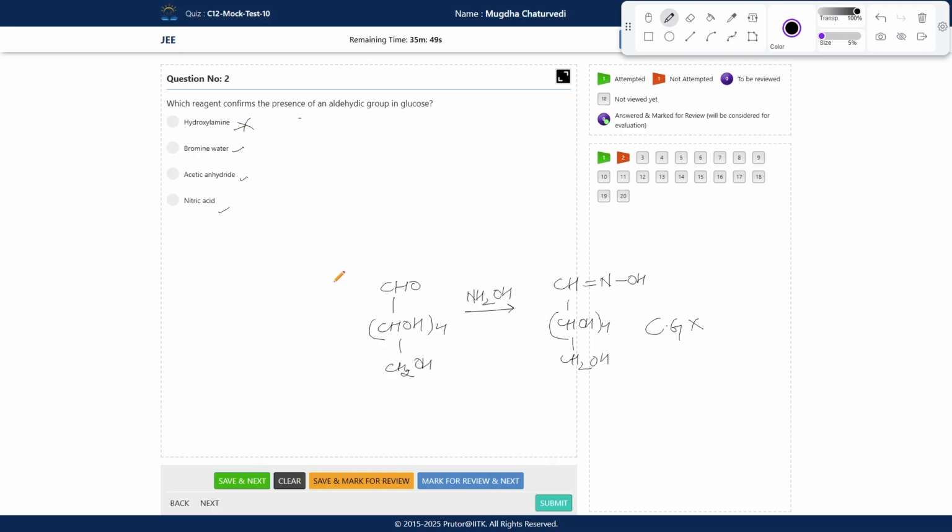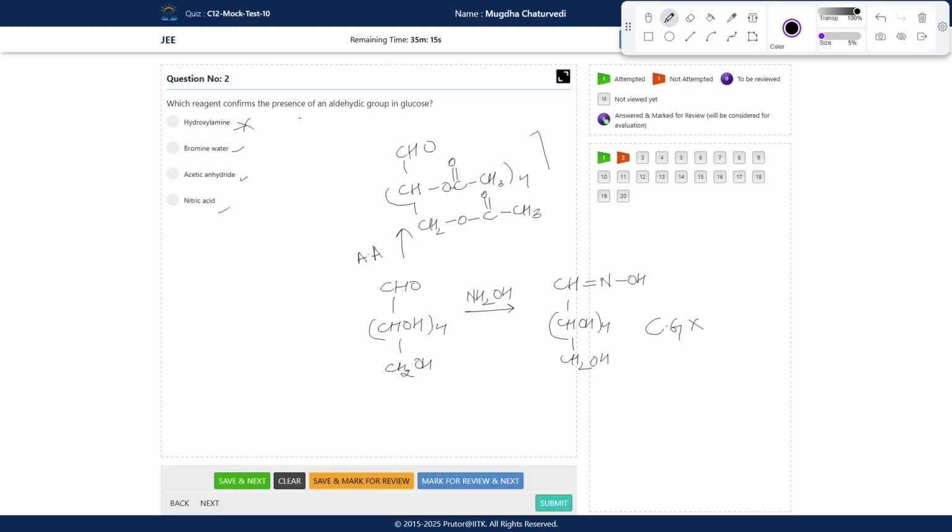Now if we see acetic anhydride, glucose reacts with acetic anhydride and you will see over here C double bond O, CH3, whole four, and CH2O, C double bond O, CH3.